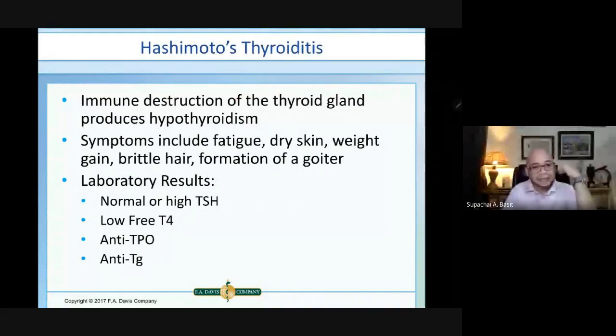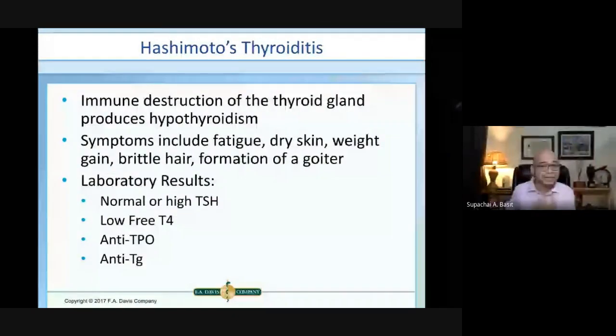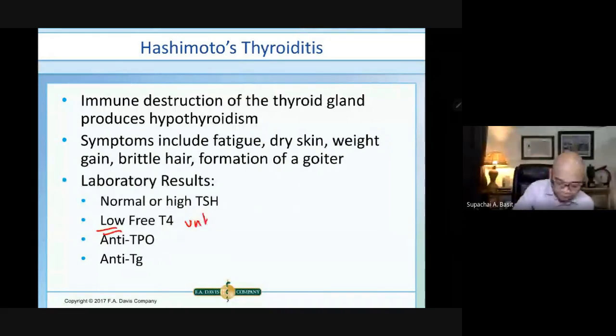Immune destruction caused by the cytotoxic T lymphocytes will damage the thyroid cells, and production of autoantibodies induces inflammation by binding with complement. So here, you would expect that the free T4 becomes very low.